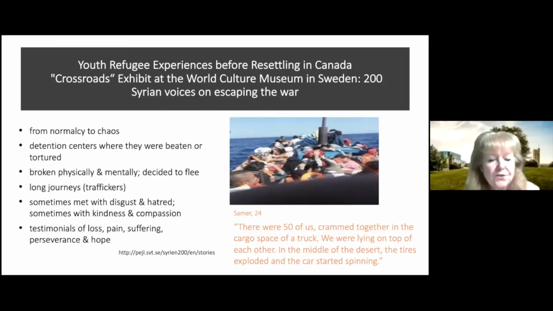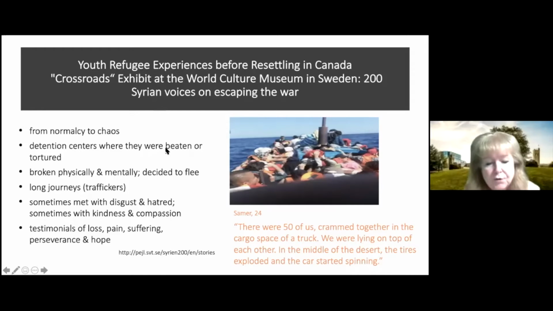And so they describe going from normalcy to chaos, ending up in detention centers where they were beaten or tortured, broken physically and mentally, and then having to flee and having long journeys with traffickers. And then when they arrived on safe shores, they were possibly met with kindness and compassion, but also sometimes with disgust and hatred.